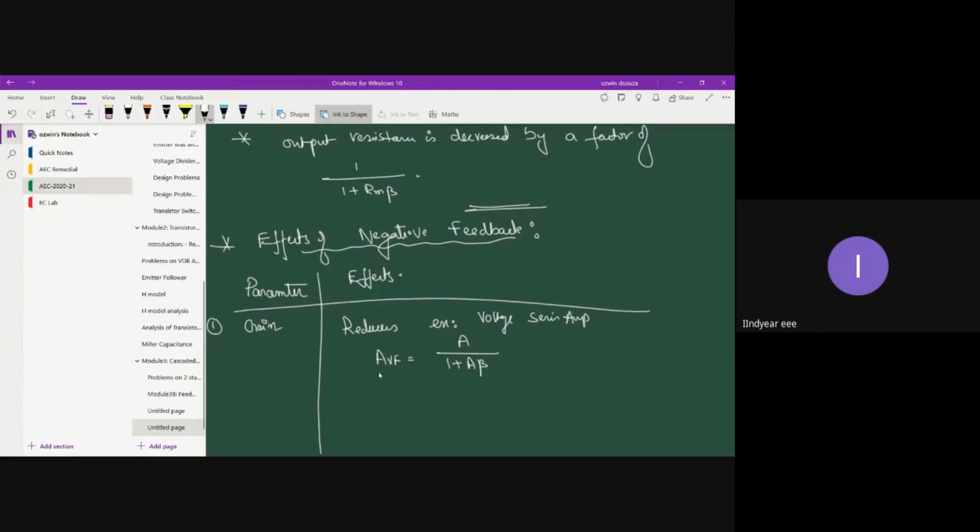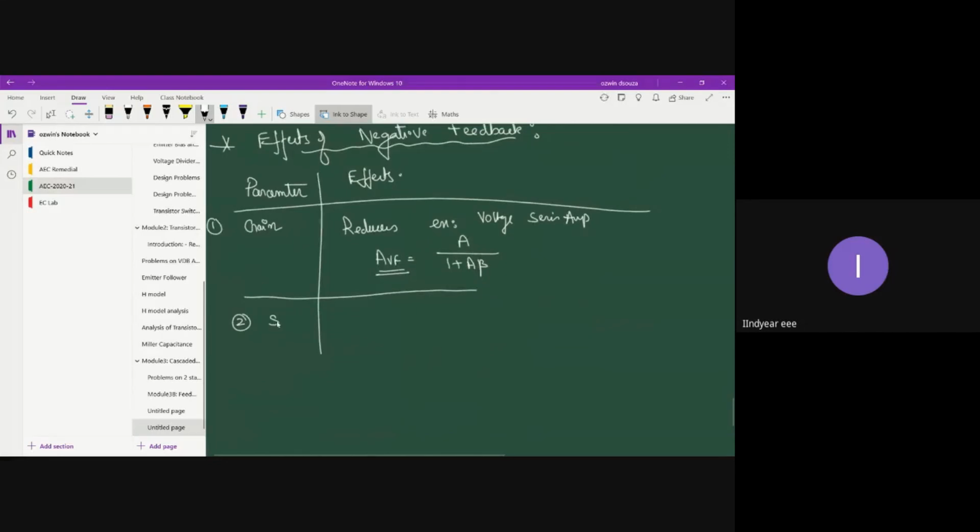So basically with feedback, the gain reduces. Second one, stability. There is no equation which talks about stability, because it is altogether a different branch itself, since stability analysis is based on mathematics, but a qualitative treatment we can give over here.